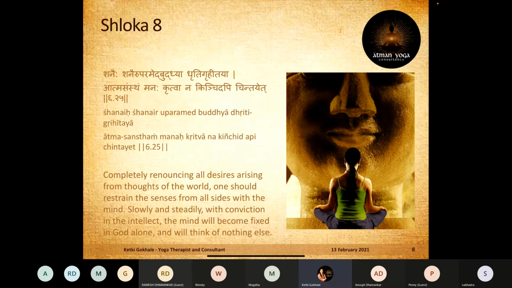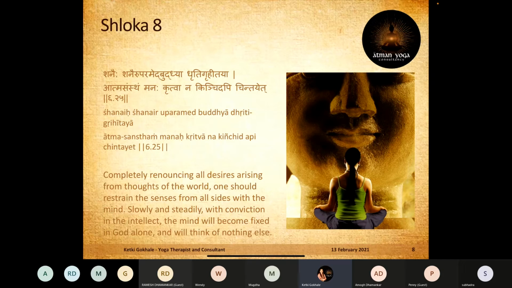And the third part of our sadhana is that with the intellect's power of discrimination, we decide that the world is not our goal. Hence, we forcefully remove the mind from the world. This requires effort.